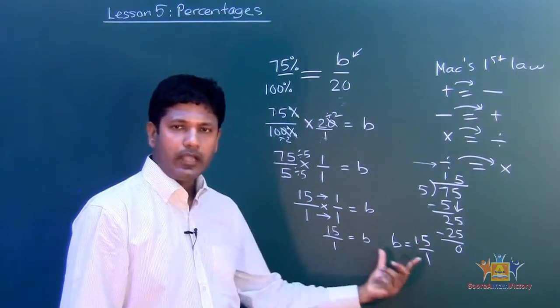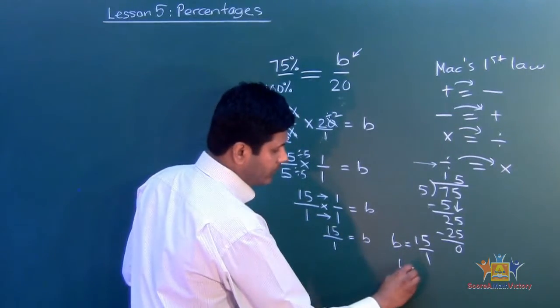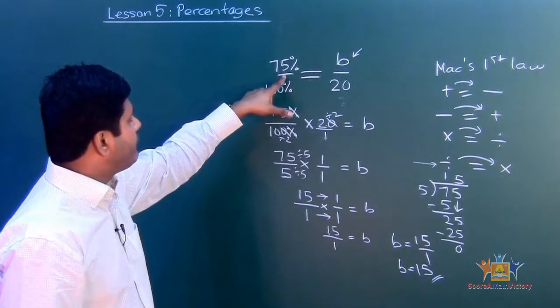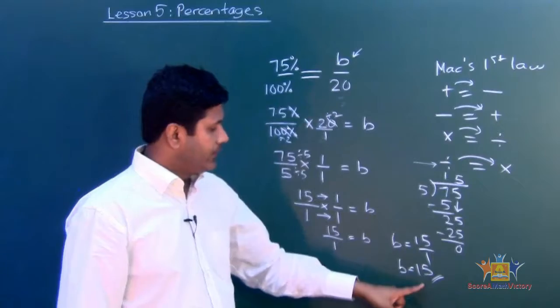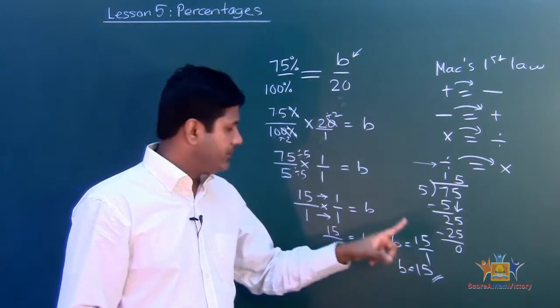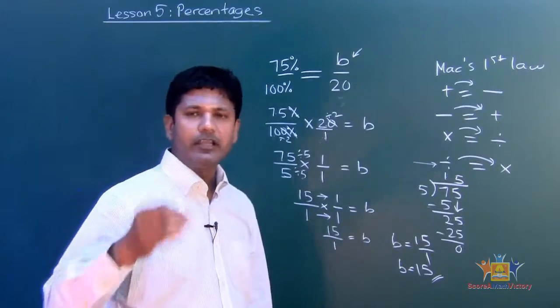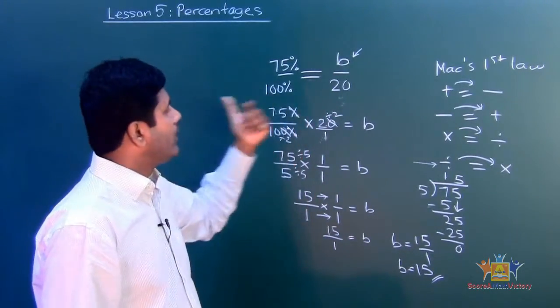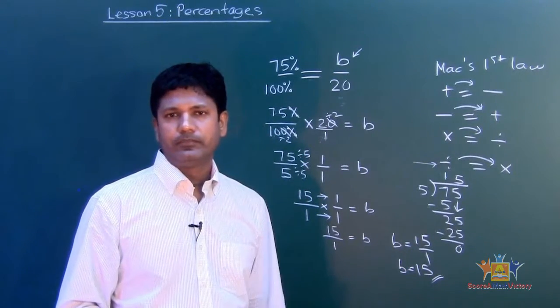So B equals 15. So 75% of the 20 apples is 15 apples. That means the 15 apples are red and 5 apples are green. See that? So 75% of 20 apples are 15 apples.